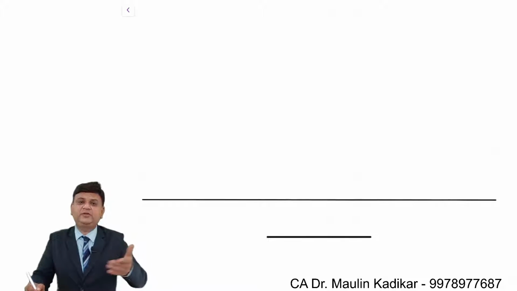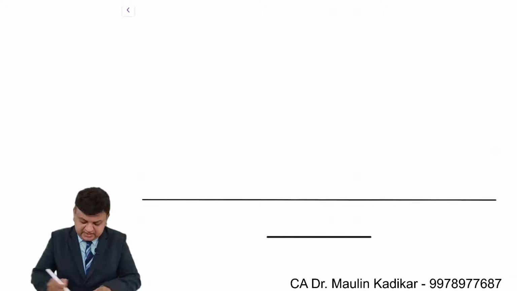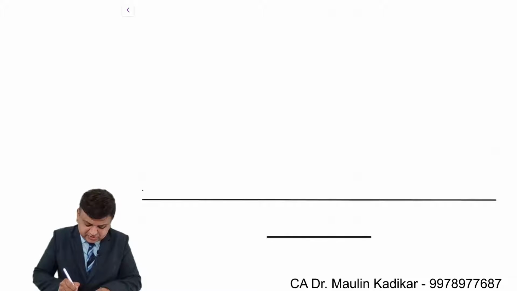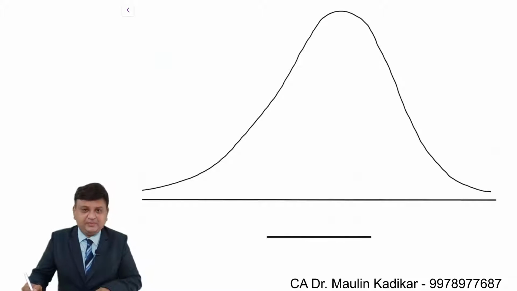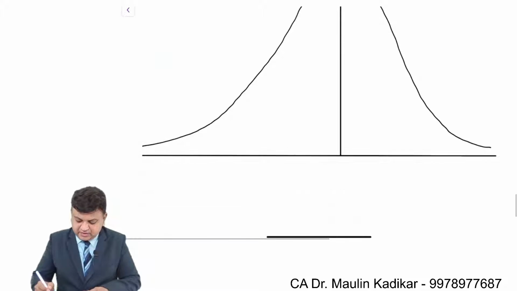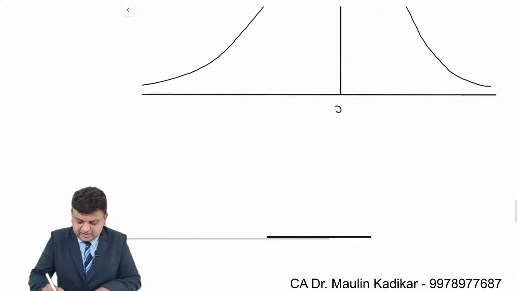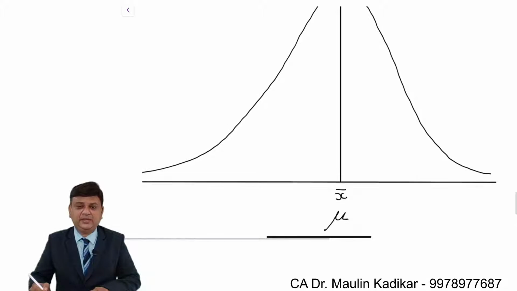One of the ways by which you can measure the volatility is the application of the concept of standard deviation. There is a concept called normal probability distribution method. It says something like this. Whatever the result that you have in terms of x bar, or it is also given a name as mu, has 50% probability.